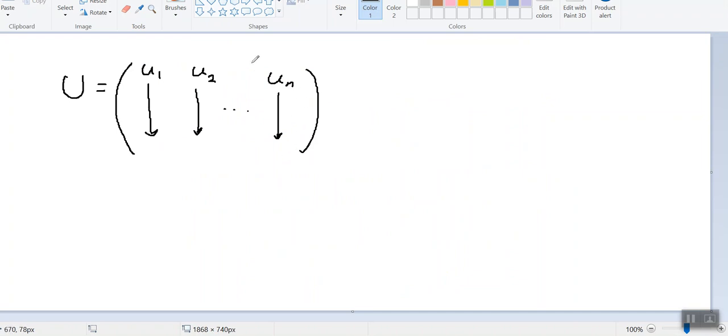And of course U is invertible, because the columns of the matrix U are linearly independent vectors. They are mutually perpendicular, so they are linearly independent. Therefore the matrix U is invertible.